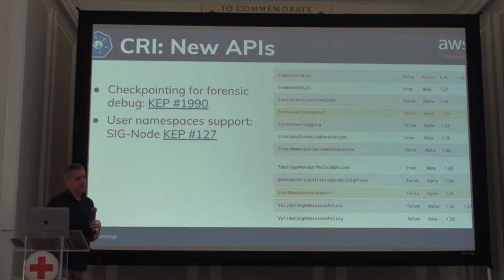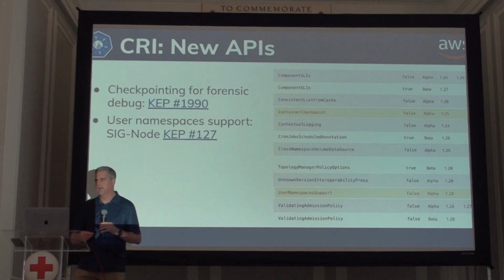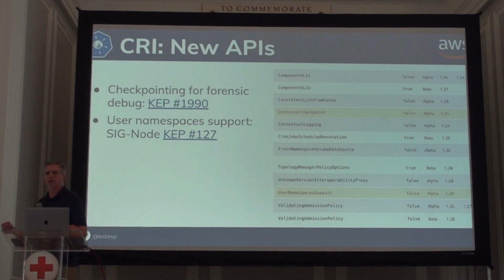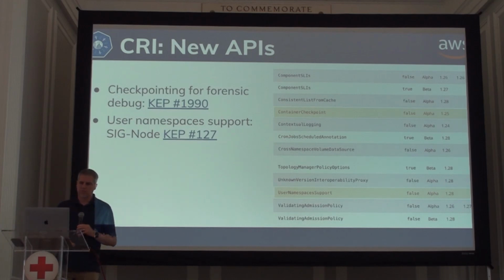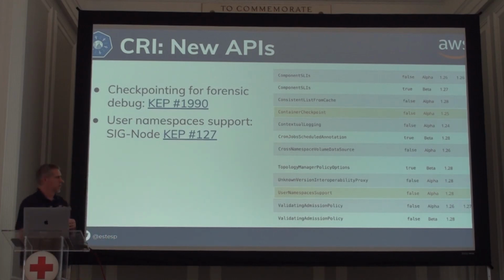Again, the author of this KEP came to containerd, came to the CRI community, and worked out how we will move toward implementation of this, so when this is part of Kubernetes, your runtime will be ready to support this feature. On the right side, I took some quick screenshots of the feature gate web page of the Kubernetes docs.